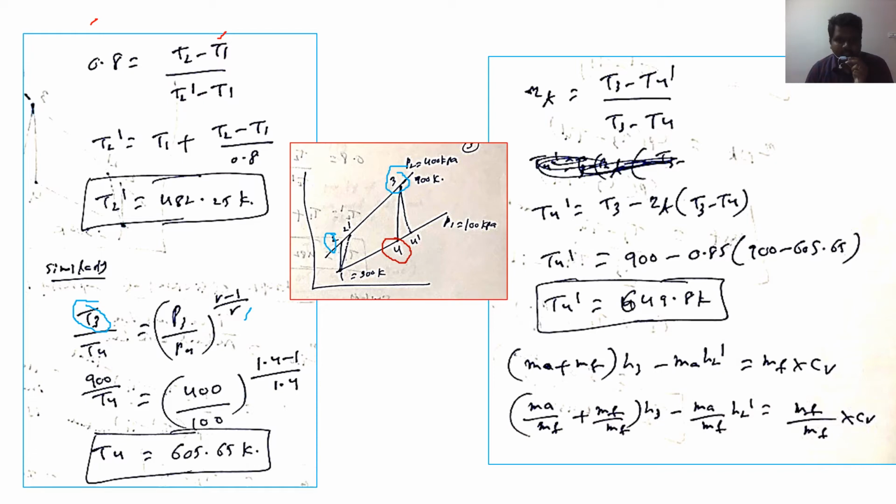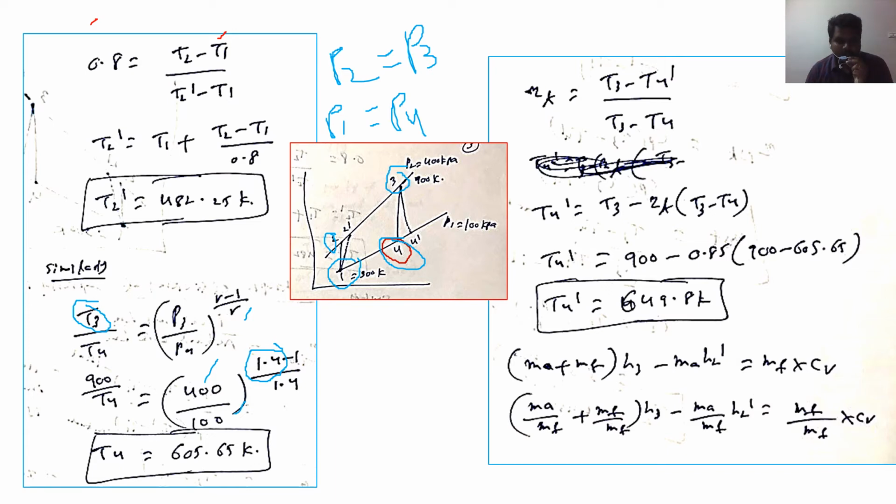So we can write P2 equals P3, and also process 1-4 is also a constant pressure process, so we can write P1 equals P4. Once you substitute P3, P4 values here, we know that gamma of air is 1.4.